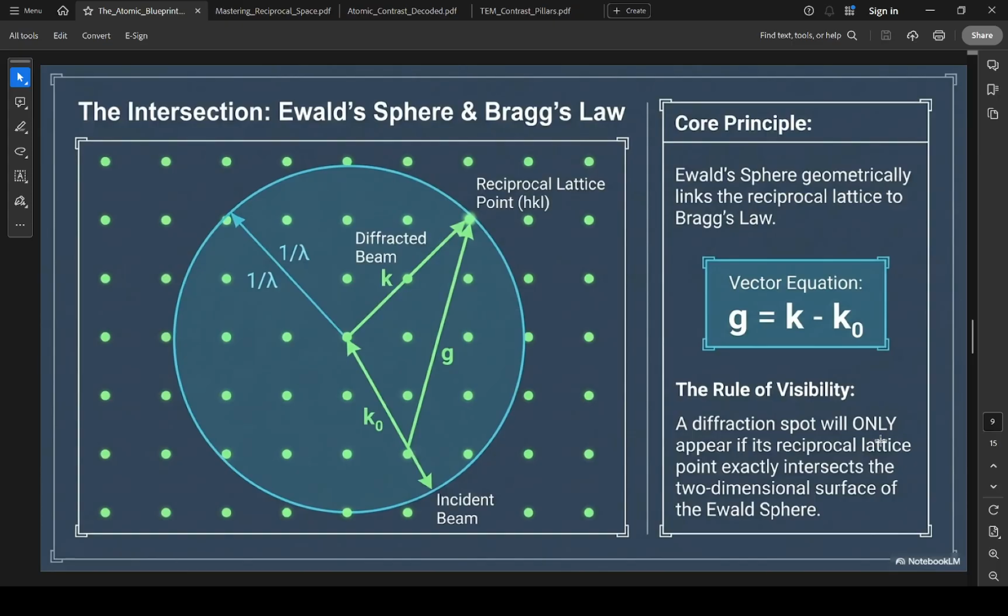Diffraction happens when the Ewald sphere intersects with the lattice points. The Ewald sphere geometrically links the reciprocal lattice to Bragg's law using the vector equation G equals K minus K naught. A diffraction spot will only appear if its reciprocal lattice point exactly intersects the surface of the Ewald sphere.